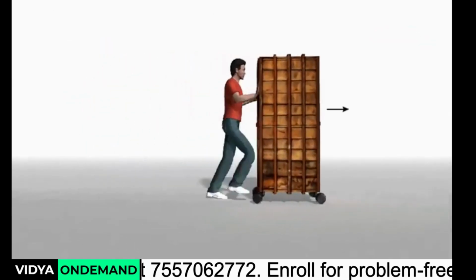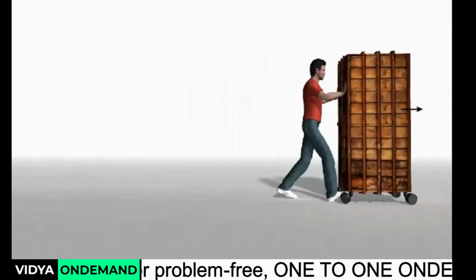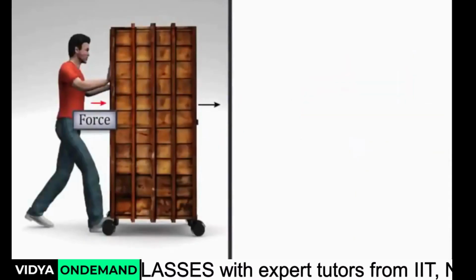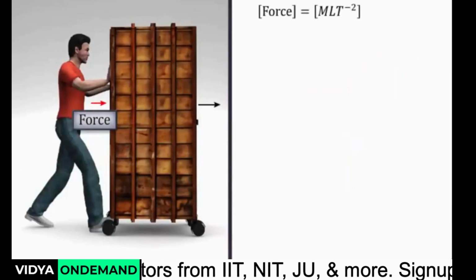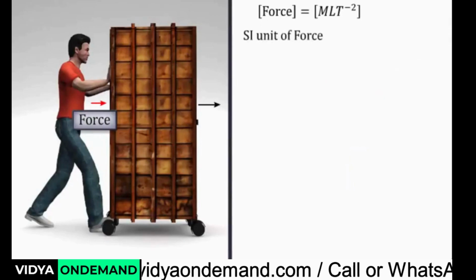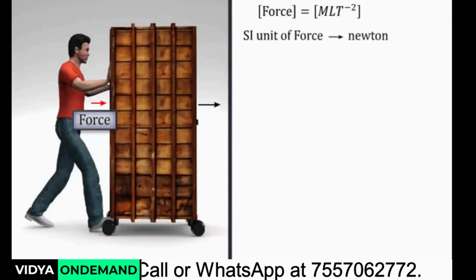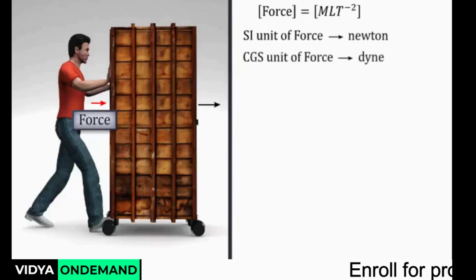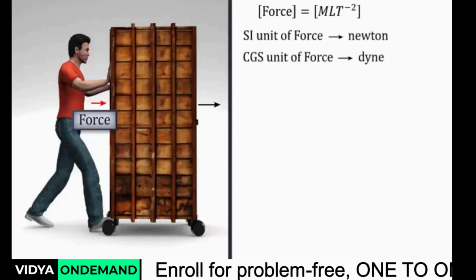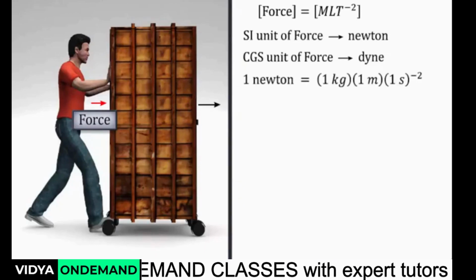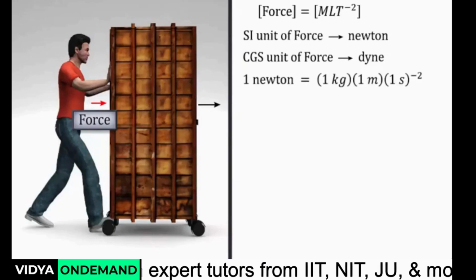For example, consider the physical quantity force. The dimensional formula of force is MLT power minus 2. The SI unit of force is Newton, and its CGS unit is dyne. Hence, 1 Newton is equal to 1 kilogram into 1 meter into 1 second power minus 2.